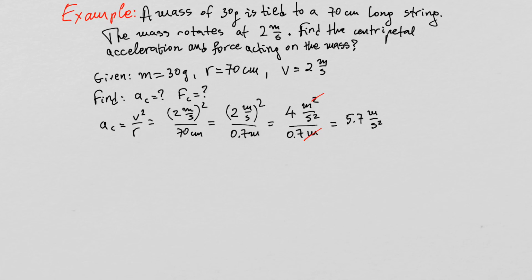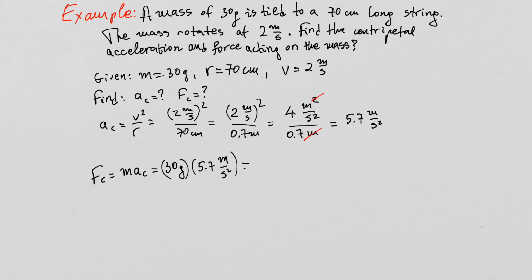Now let's find the centripetal force. The centripetal force is simply the product of mass and centripetal acceleration. So that is equal to 30 grams times 5.7 meters per second squared. Notice that the mass here is in the wrong units as well. As I said in the previous lecture, the mass, when you're calculating force, always must be converted to kilograms.